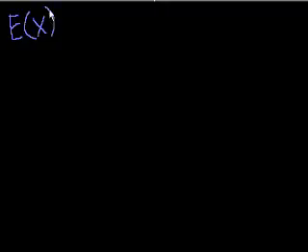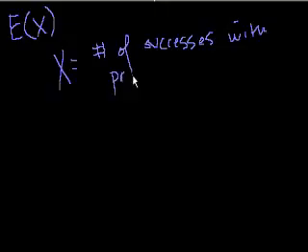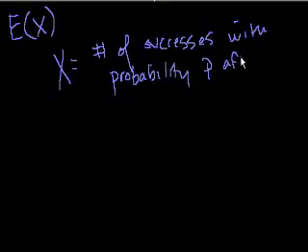In this video, we'll find a general formula for the mean, or actually for the expected value, of a binomial distribution. So if we say that the random variable x is equal to the number of, I don't know, we could call it successes, the number of successes with probability p after n trials.